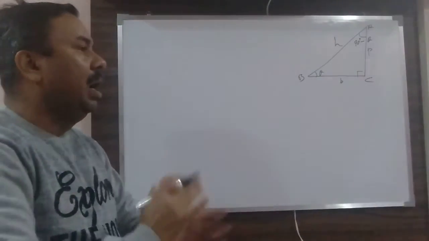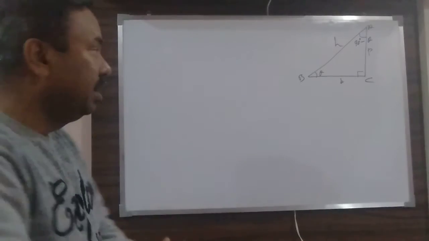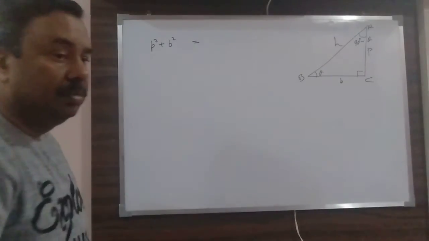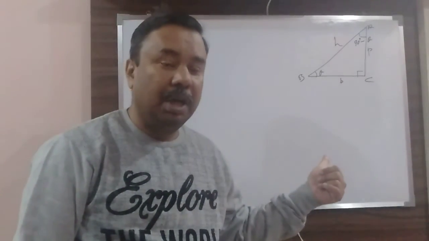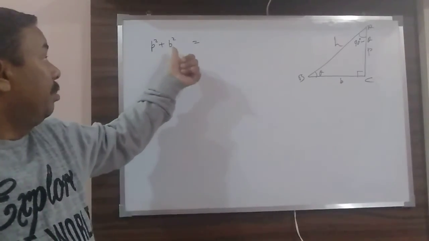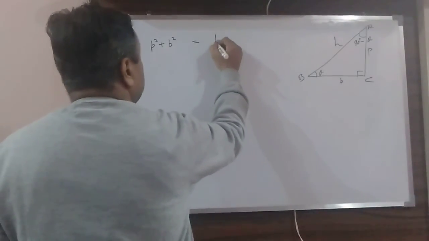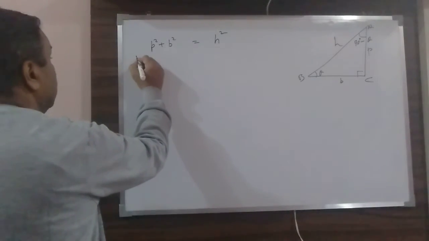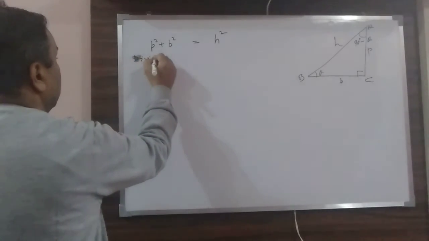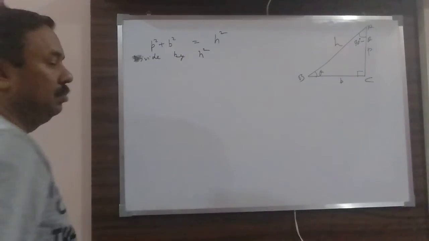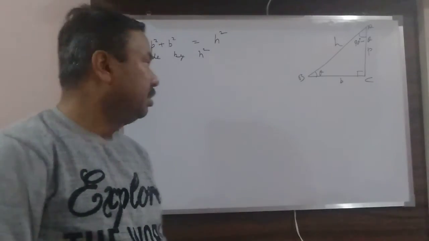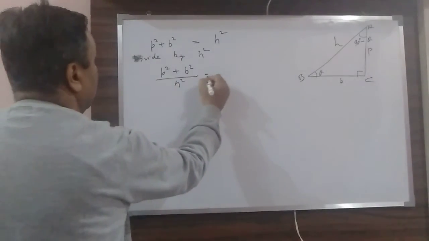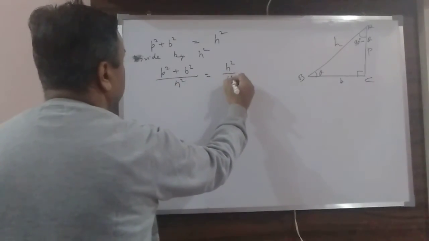Now you see what happens, remember Pythagoras. P square plus B square is equal to H square. Now divided by H square, what do I get? I will get P square plus B square divided by H square equal to H square by H square.